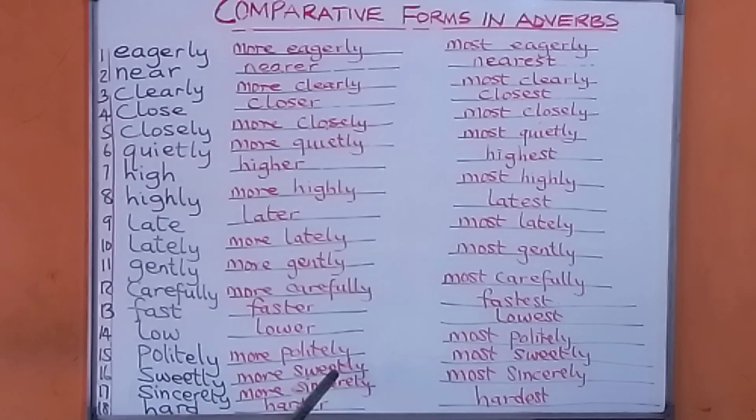Sweetly, more sweetly, most sweetly. But if you have sweet, without ly there, you put sweeter, sweetest. Sincerely, more sincerely, most sincerely. Hard, harder, hardest. If you have hardly, you will say more hardly, most hardly.